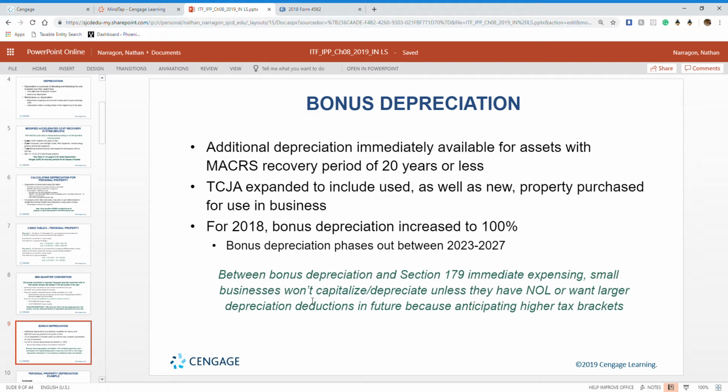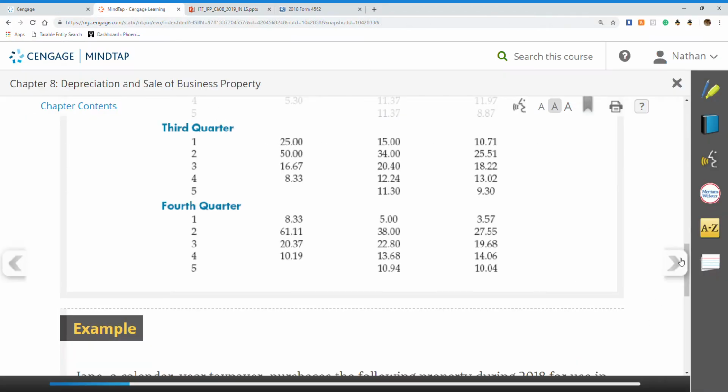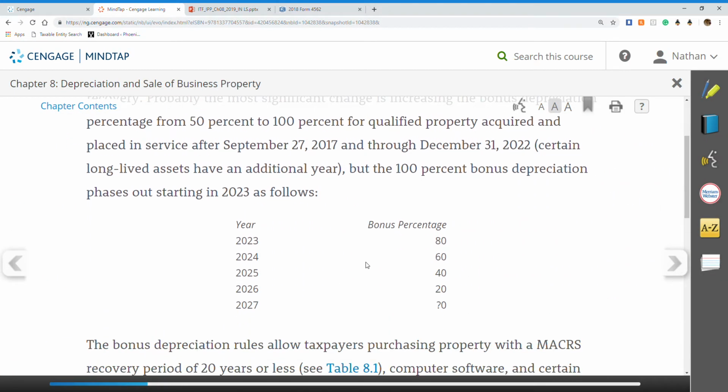Once this came out, assets were being bought like crazy, because the cool thing about taxes is they can influence buying potential like crazy. But I will warn you, tax law loves to change, and bonus depreciation changes a lot. So keep an eye on it. Right now, it is currently slated to start in 2023 to slowly be phased out. And again, your book actually brings out this phase out.